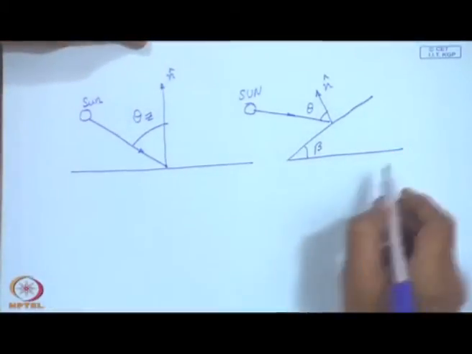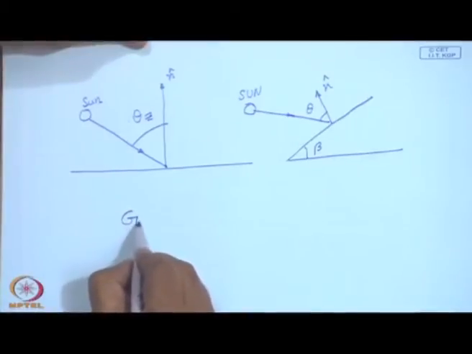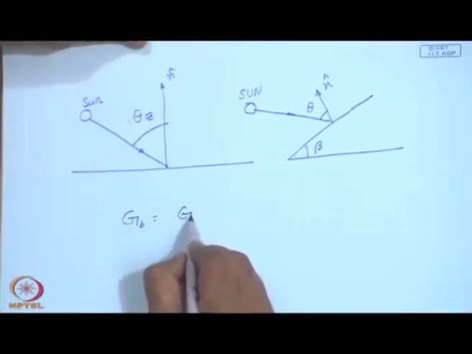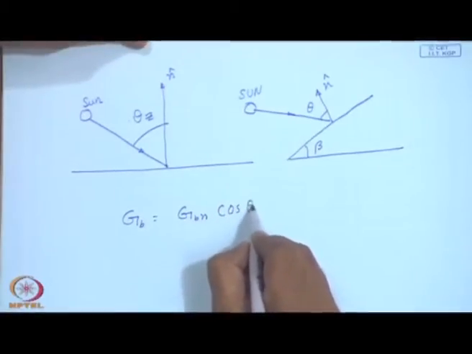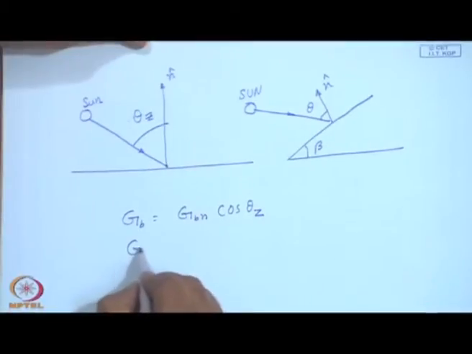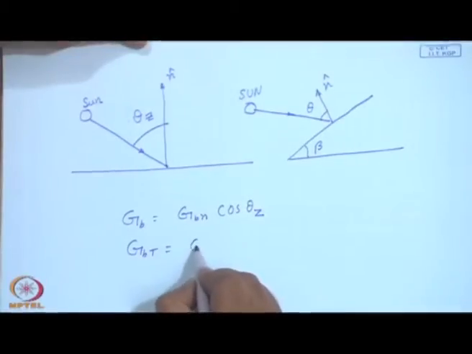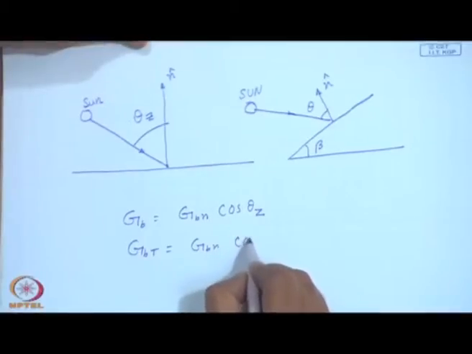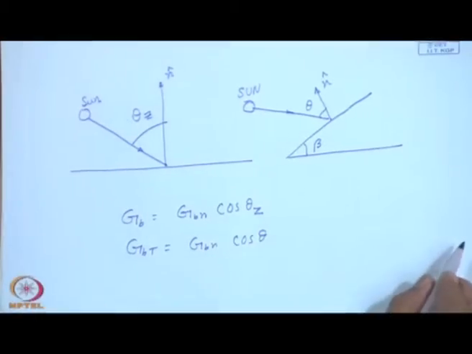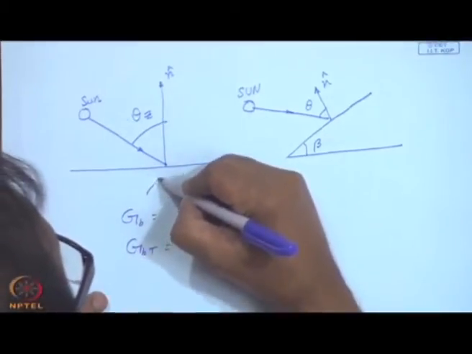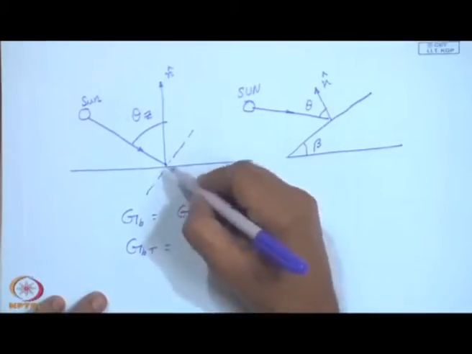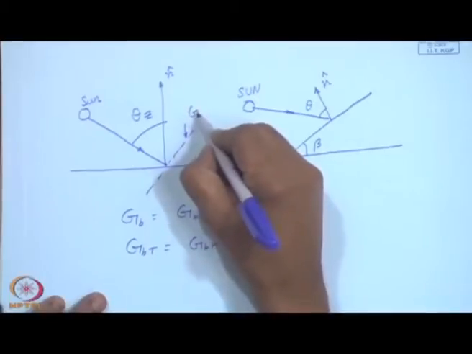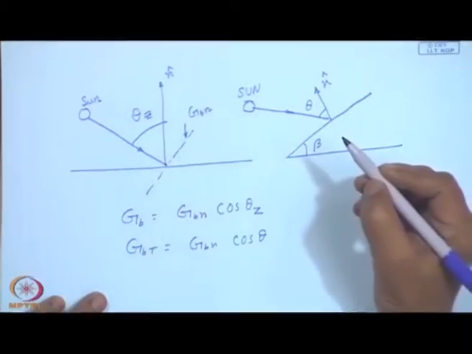So, we can say G b. So, what I shall do is, if I draw a plane perpendicular to the sun's ray, this is G b n, right, according to our notion.